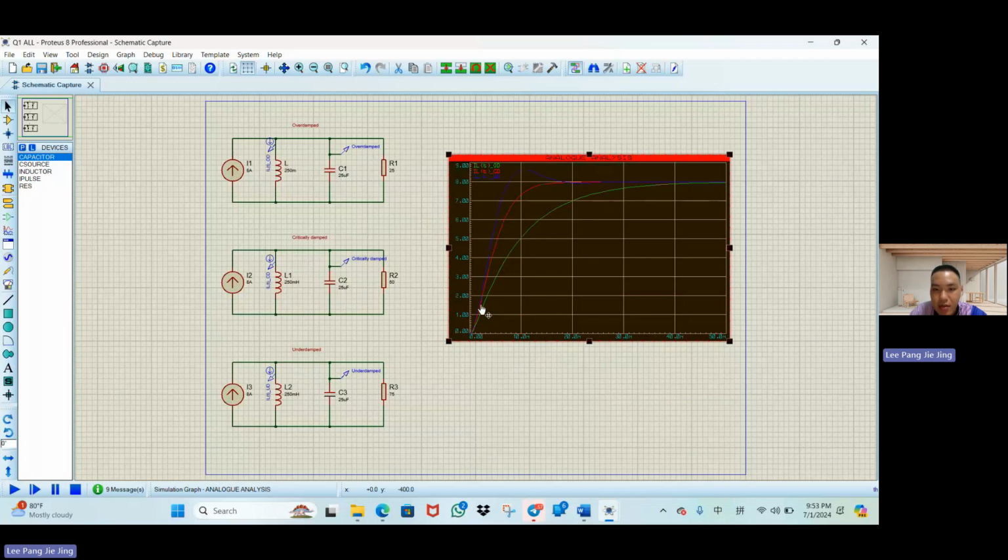We can see that the red line is the fastest and the green line is the slowest. According to speed, the first is the critically damped response, which is the red line, the second is the underdamped response, which is the blue line, and the last is the green line, which is the overdamped response. That's all from me. Thank you.